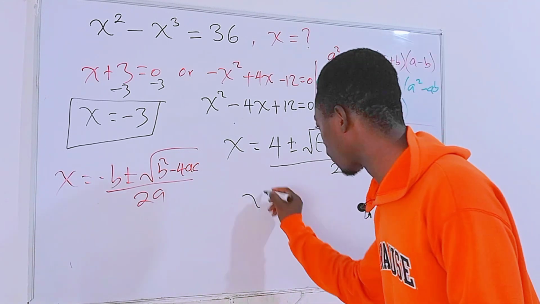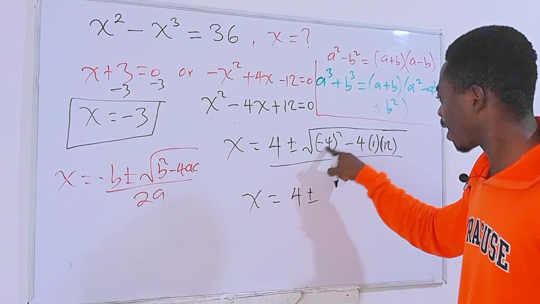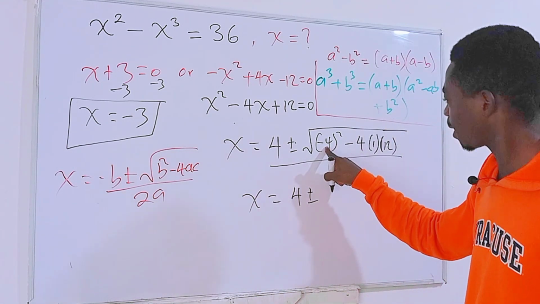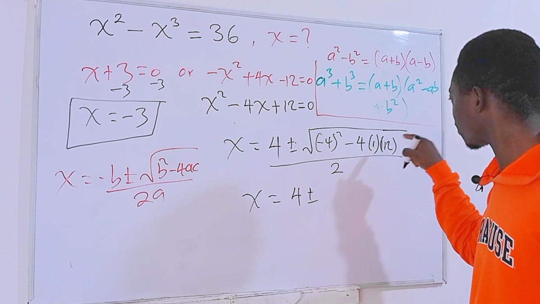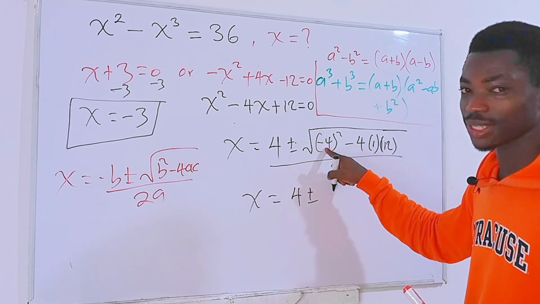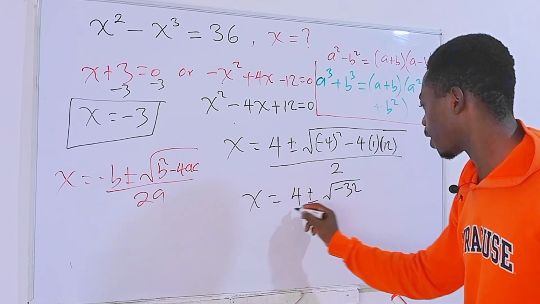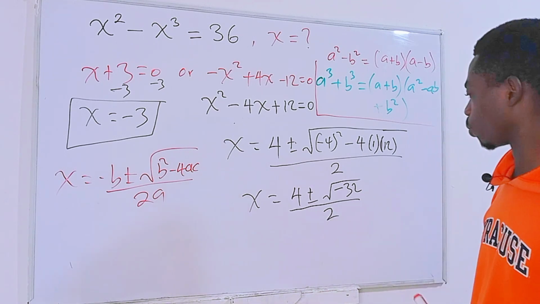Of course, we can simplify this further. We have x is equal to 4 plus or minus, negative 4 squared is positive 16. Negative 4 times 1 times 12, that is going to be negative 48 plus this 16, giving us negative 32, then all divided by 2.